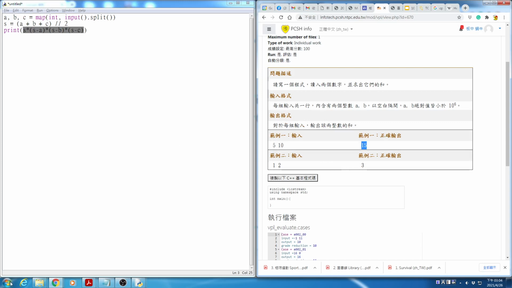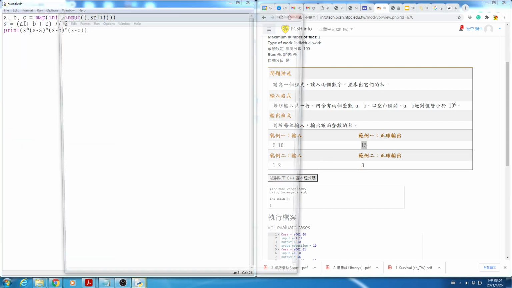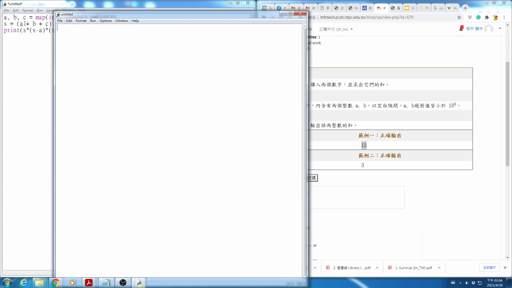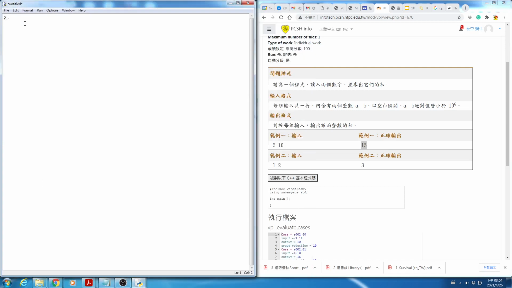Can we do something like this? A and B is equal to map and input dot split. And then we simply print out A plus B. And that will be the answer. Easy, right? Okay. So what about the next one?